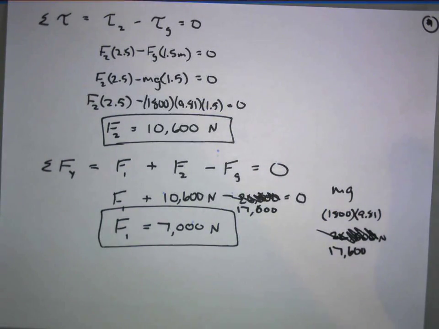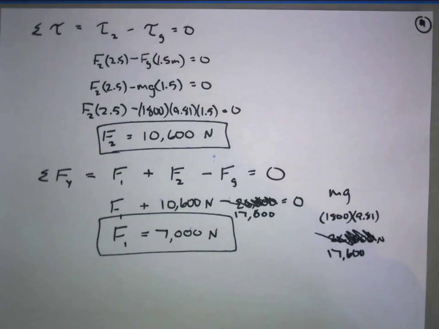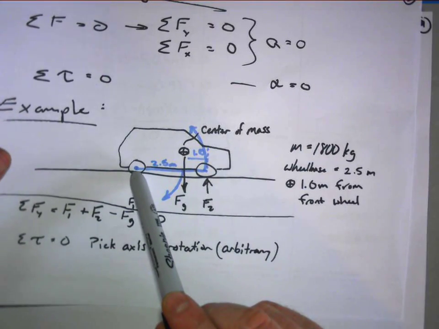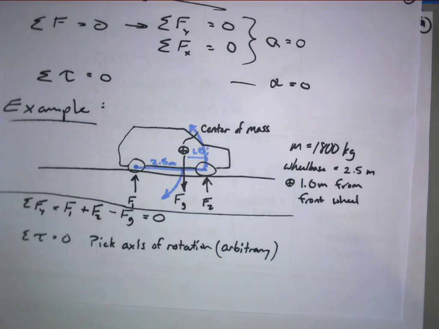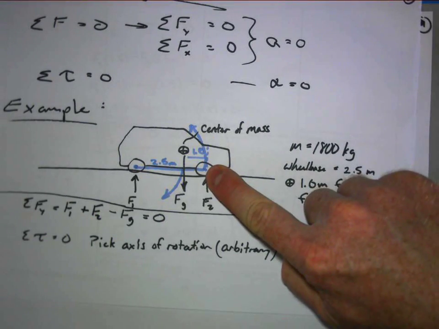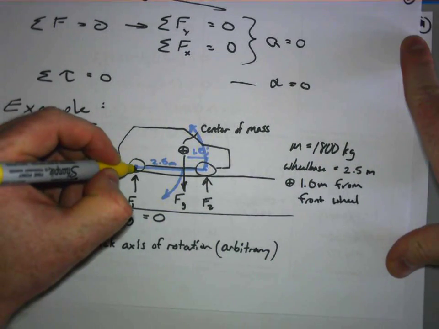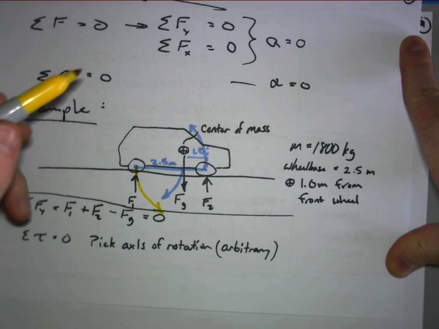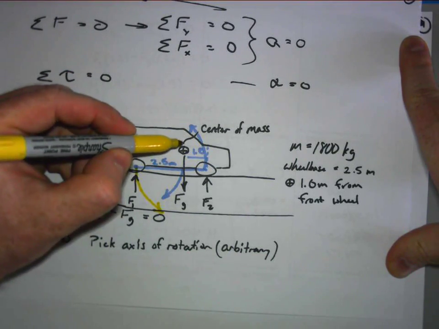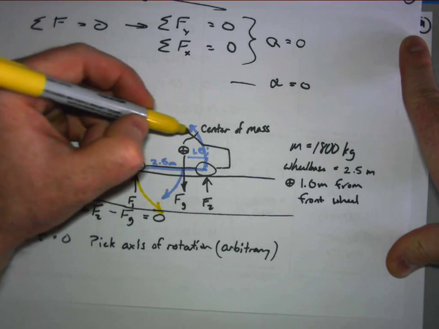So you want to get a little comfortable with that. Did it matter that I picked the rear wheel as the axis of rotation? Not at all. If I had picked the front wheel, then if I was rotating here, I would simply have a counterclockwise torque here and a clockwise torque.